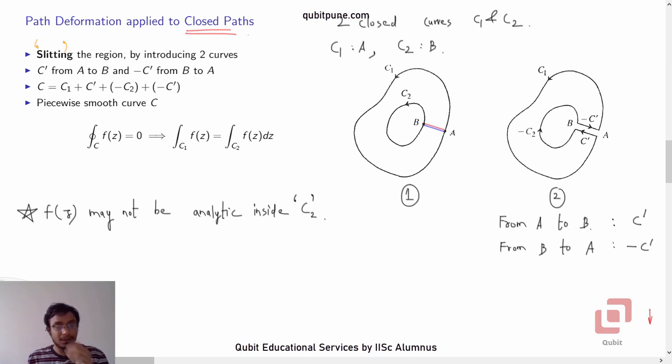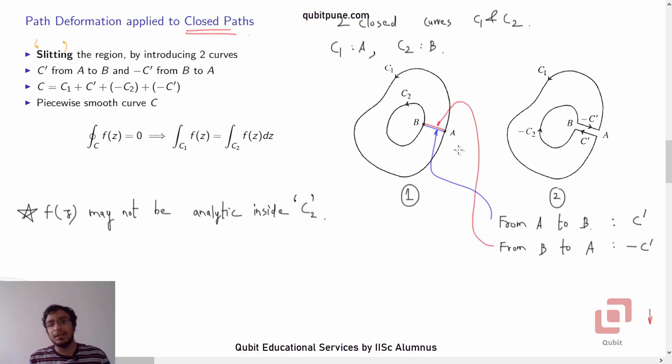Yeah, in figure 1, if we consider the curve C prime, that is from A to B, it is in the blue color, and if we consider the curve in figure 1 from B to A, it is in the red color.